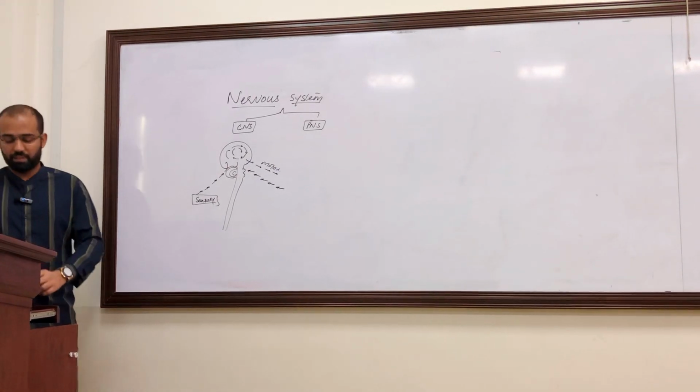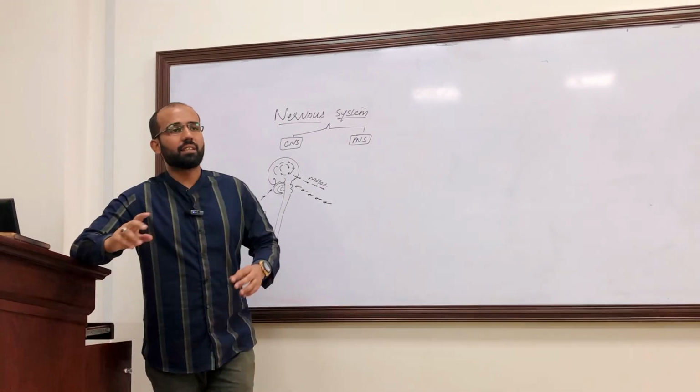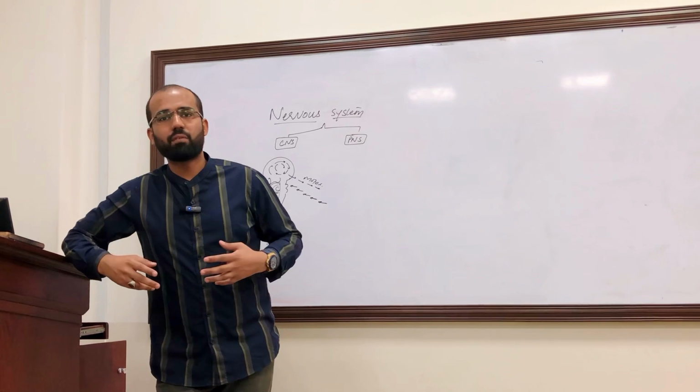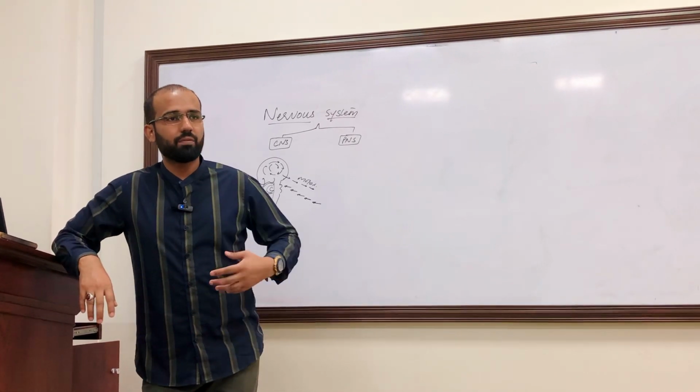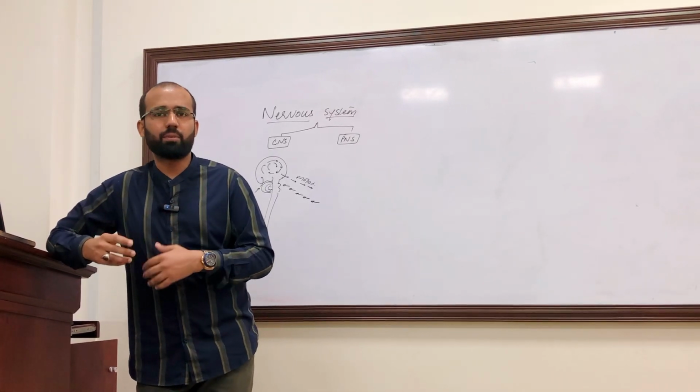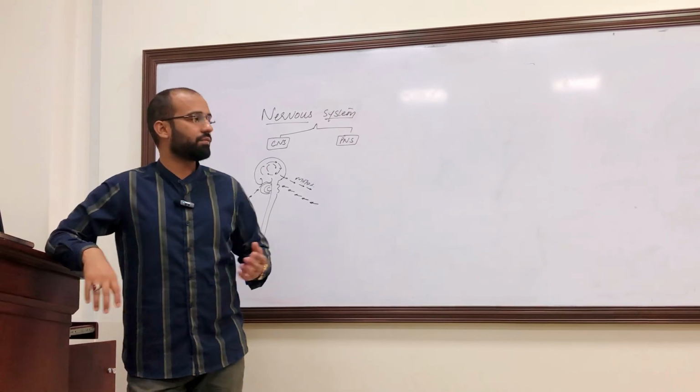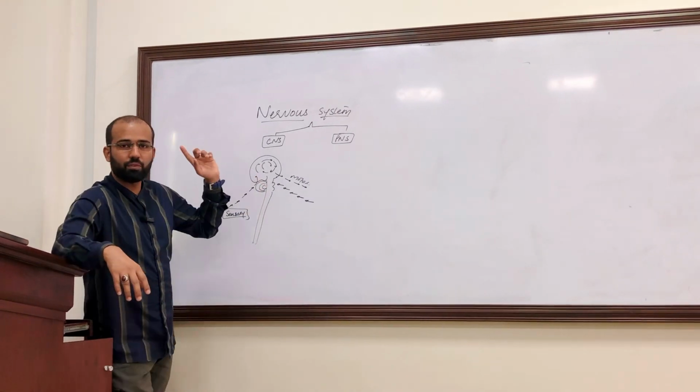You must have the very basic concept that the central nervous system perceives the information from the environment and from the body, and then it integrates and processes the information, comparing and contrasting it with the recent and past information which is stored.